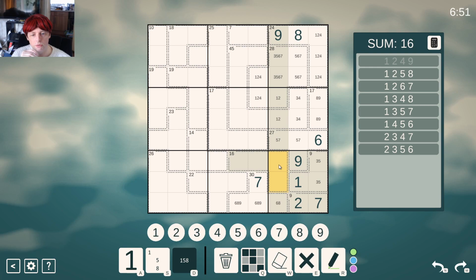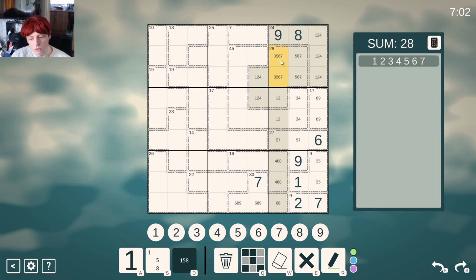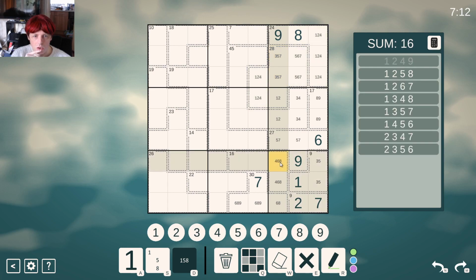That must be from 4, 6 and 8. So 6 goes from there. Must contain 2 of 4, 6 and 8 then.